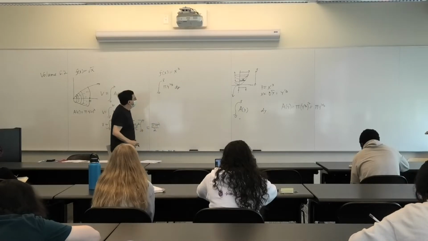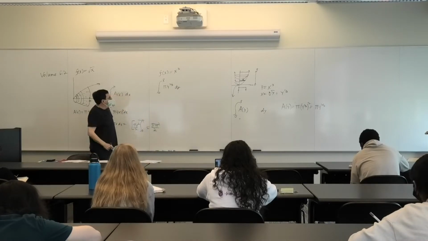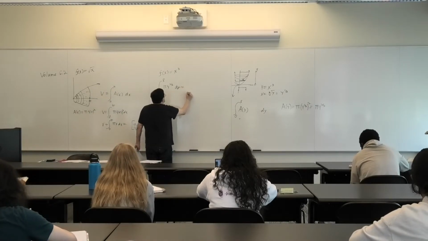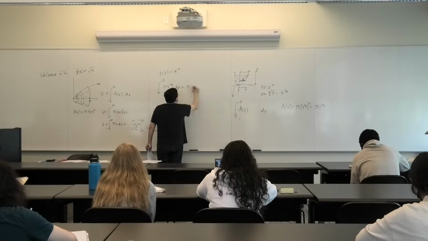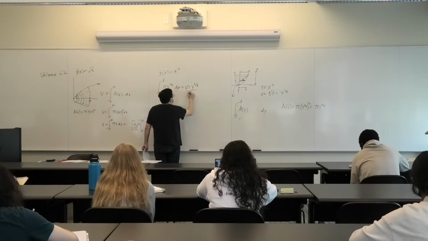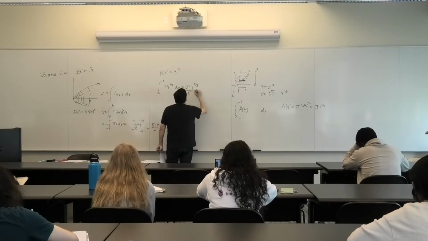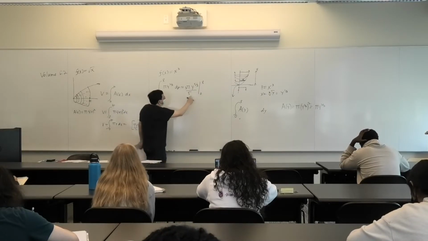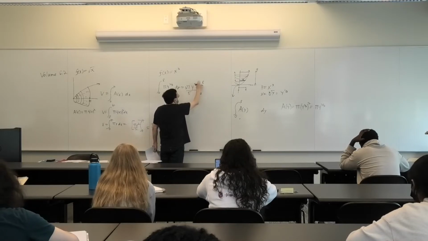Again, it's not a particularly challenging integral when you finally look at it. Pi y to the 5/3 over 5/3, 0 to 8. We have to think a little. How do I get 5/3 of 8?